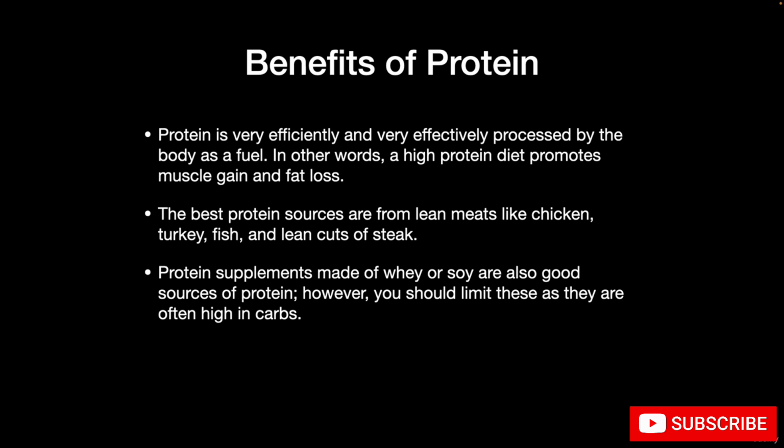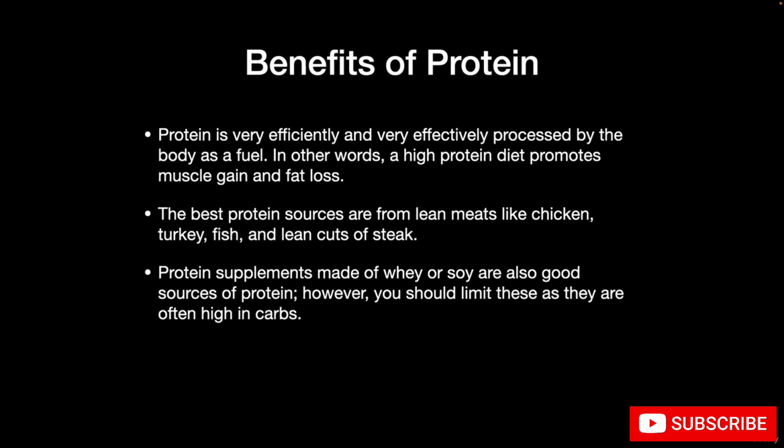Protein supplements like protein bars and protein shakes made of whey or soy are also good sources of protein. However, you should limit these as they are often high in carbs. If you read the label on some of those protein supplements, you will see that they have sugar alcohols, and if you look at the total carbs in the supplement, you'll see that the sugar alcohols increase the total carb amount, even though it doesn't increase what they consider the sugar amount.